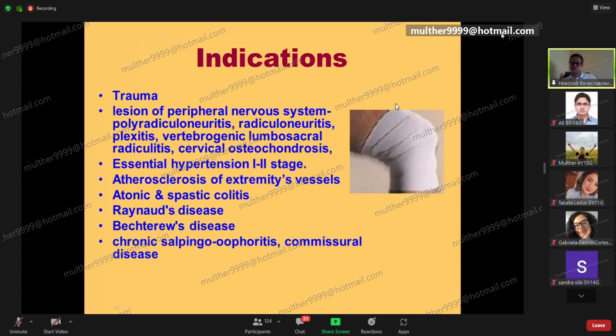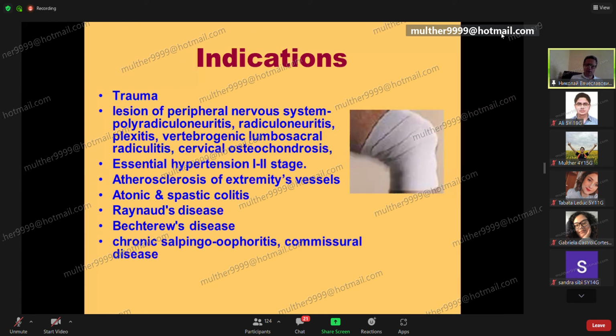Main indications for this procedure: different traumas with pain syndrome and lesions of the peripheral nervous system, polyradicular neuritis, radicular neuritis, plexitis, cervical osteochondrosis, and others. Essential hypertension, for the vasodilative effect and for decreasing blood pressure. Atherosclerosis of extremity vessels, where we can also improve peripheral blood flow.